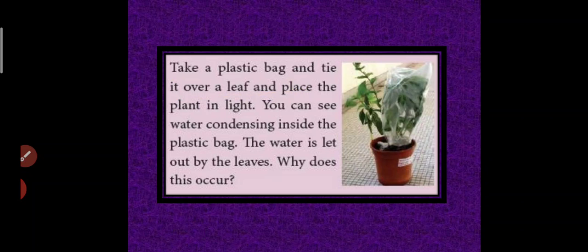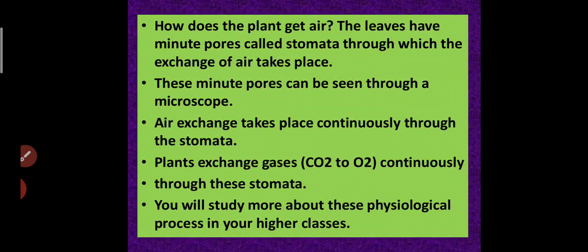Why? Because the plant is actually respiring. The water vapor is coming out through the plants. Okay. If you do this experiment and see, you can very well understand the plant is actually respiring with the help of stomata. It is leaving the water vapor outside.